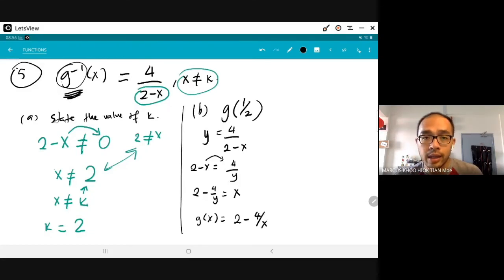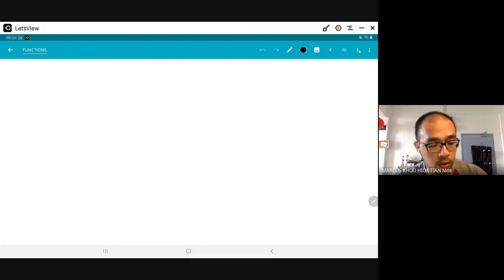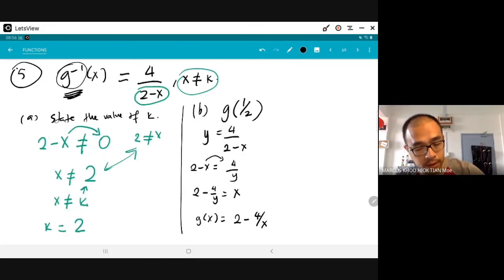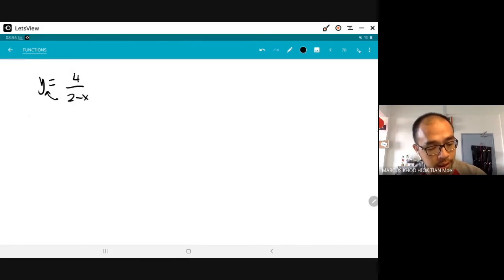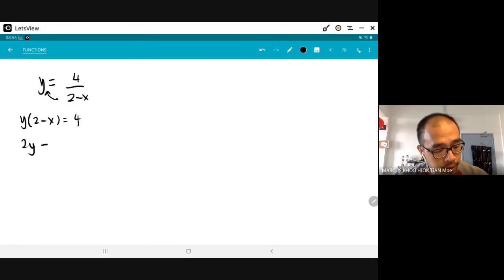I think there's another version of this also lah. Kalau kamu mau buat versi lain pun boleh. Kalau 2 minus x equals to 4 over y. Kejap. Sorry. y equals to 4 over 2 minus x. Kalau saya bawa ke atas dan darab, y darab 2 minus x equals to 4. 2y minus xy equals to 4.